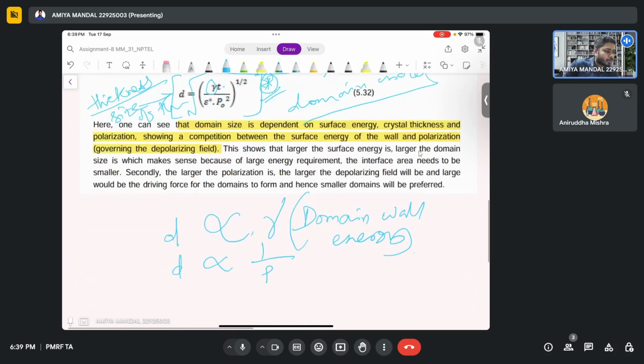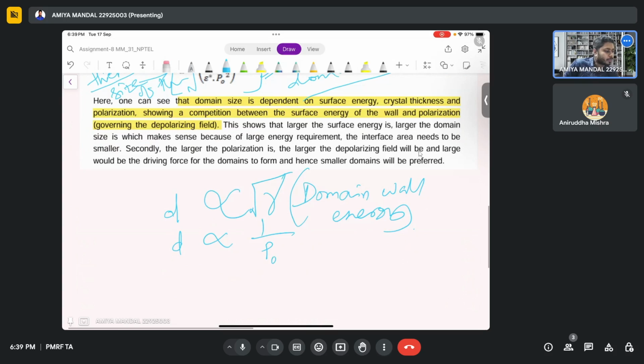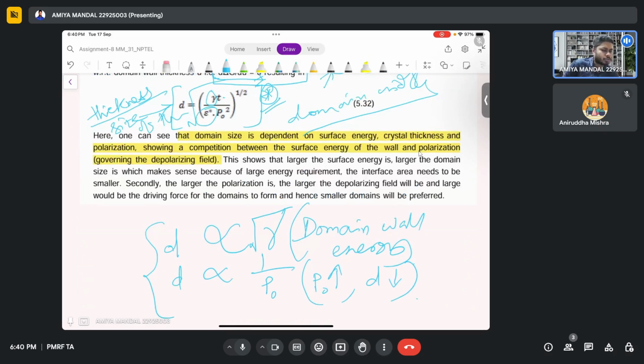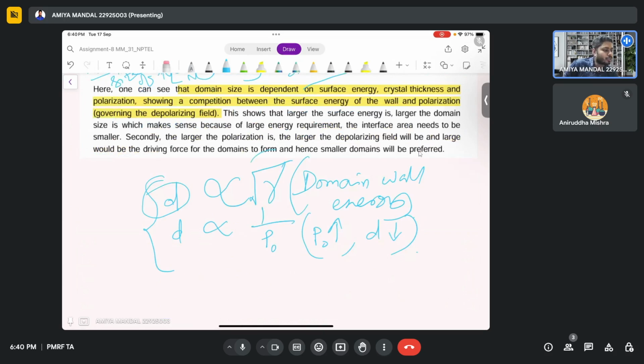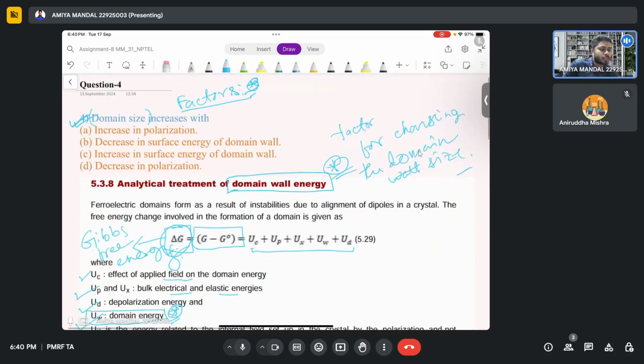When polarization is increasing, D is decreasing. Epsilon star is also related to polarization, and gamma is the domain wall energy, so it is directly proportional. Mainly these two factors affect the domain width, and the question is also based on this concept: domain size increases with surface energy of the domain wall.